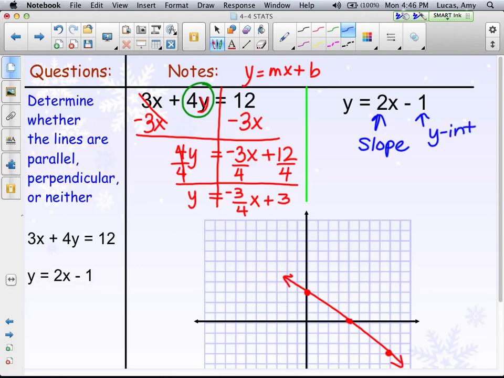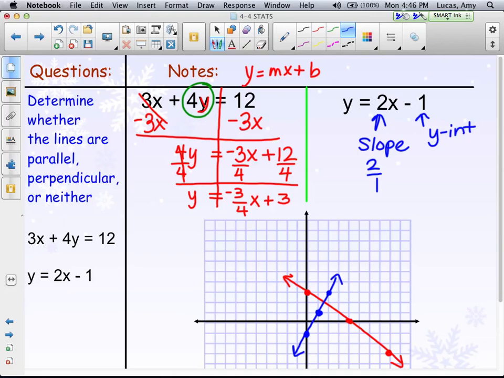So I start out at negative 1. My slope is 2, or 2 over 1. So rise 2, run 1. Rise 2, run 1. And there's my line.